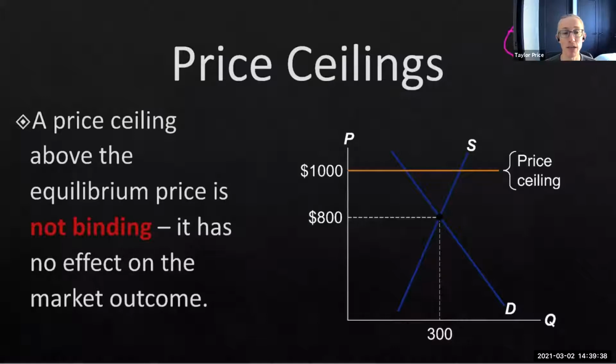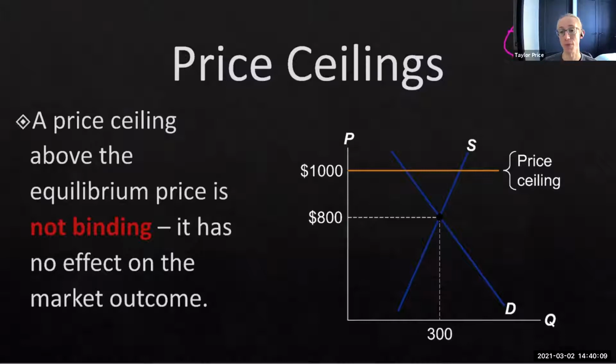So a price ceiling has two different types, basically non-binding and binding. The first one we're going to talk about is non-binding. This is a price ceiling that is above the equilibrium price. You can see right here that the price ceiling of $1,000 is above the normal equilibrium price of $800. When the price ceiling is above the equilibrium price, it has no effect on market outcome.